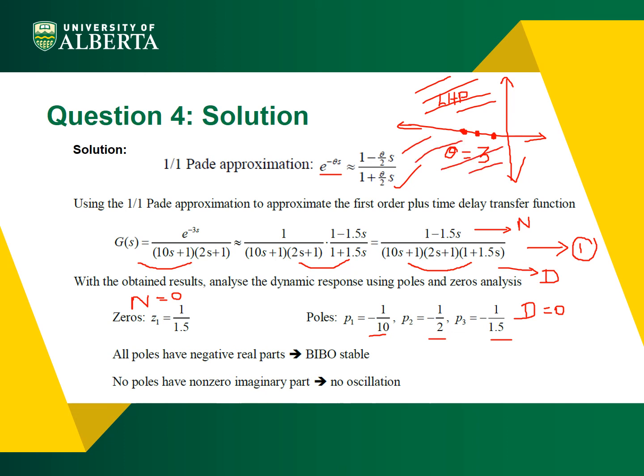So any pole on the left half plane is considered to be a stable pole. So all these poles are stable, and these poles do not have an imaginary part, so there will be no oscillation. So this is a stable system, and there will be no oscillation in the response. And this completes our sub question 2. So we have completed question 4 as well.